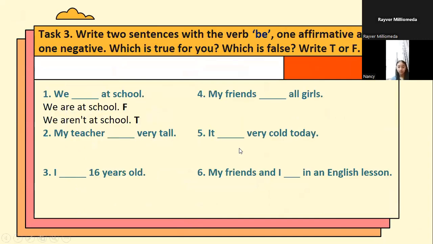So now let's proceed to task 3. You are going to write 2 sentences with the verb be, 1 affirmative and 1 negative. So remember what is affirmative. Do you still know, or did you get what affirmative is?